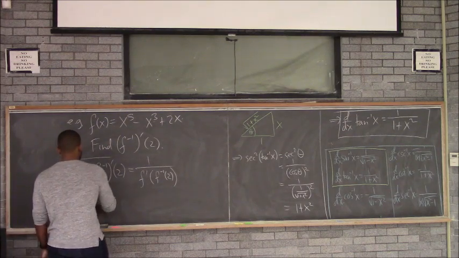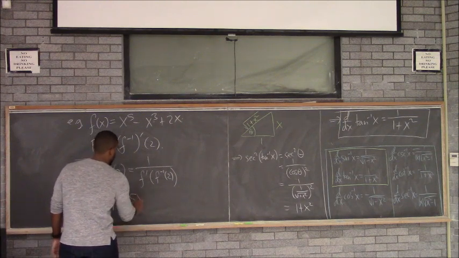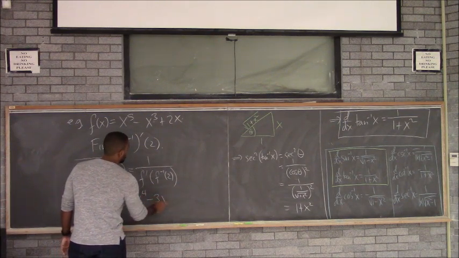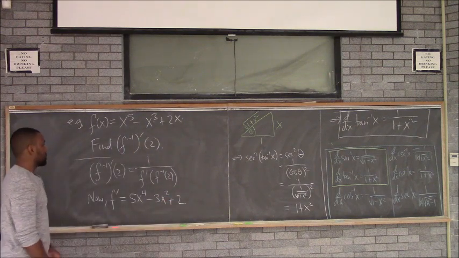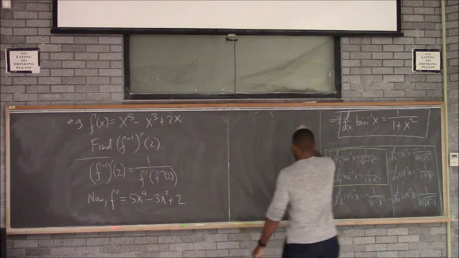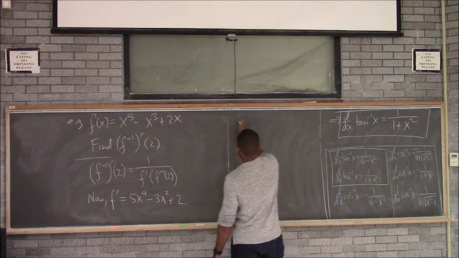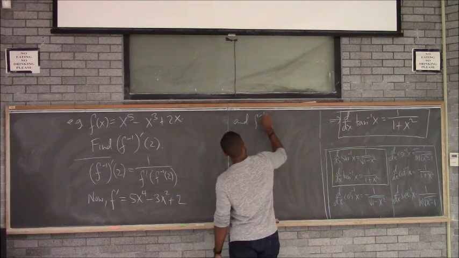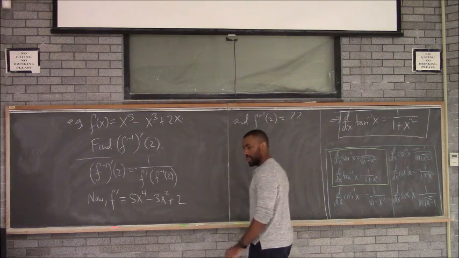Now, f prime is going to be 5x to the 4th minus 3x squared plus 2. And f inverse at 2, how do I find that? How do I find f inverse at 2?